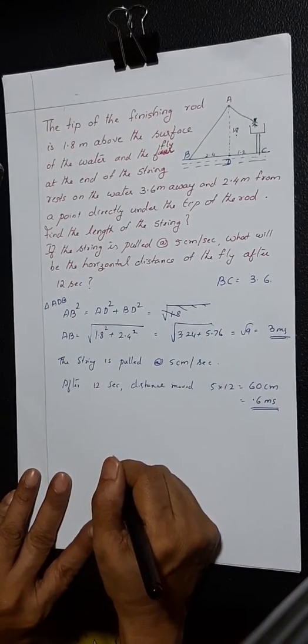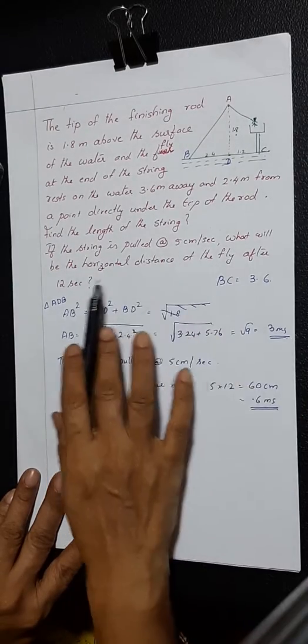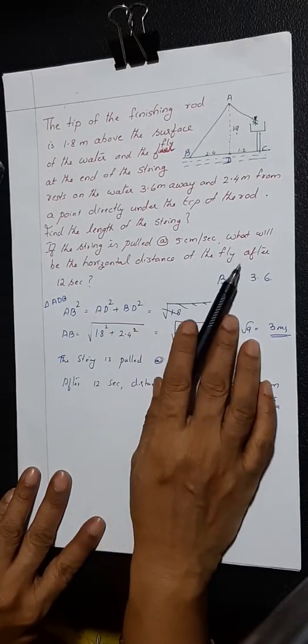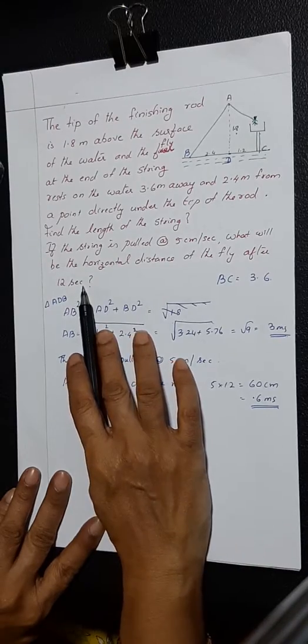Now we have to find the horizontal distance of the fly after 12 seconds.